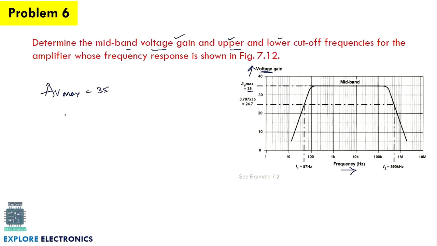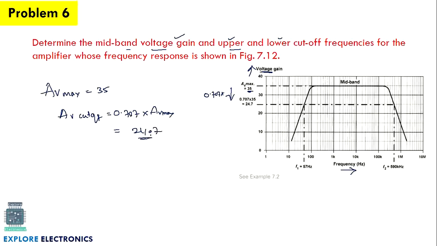Mid-band gain in the sense we need to take 3 dB lower if it is represented in dB, or we need to take 0.707 times the maximum gain. So it is AV cutoff, we can call it is 0.707 times AV maximum. So what is the value we are going to get? It is 24.7.